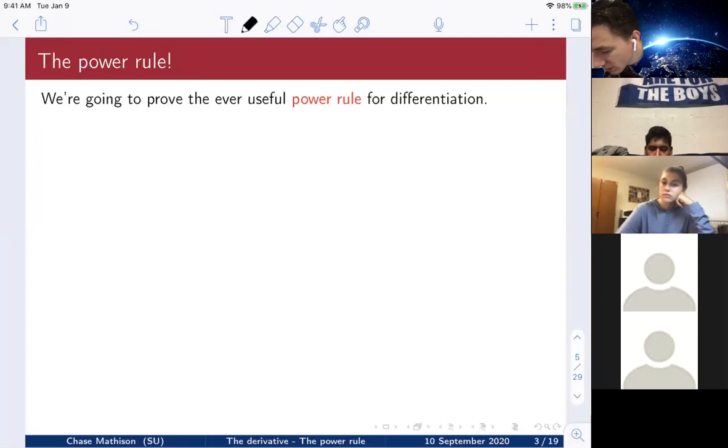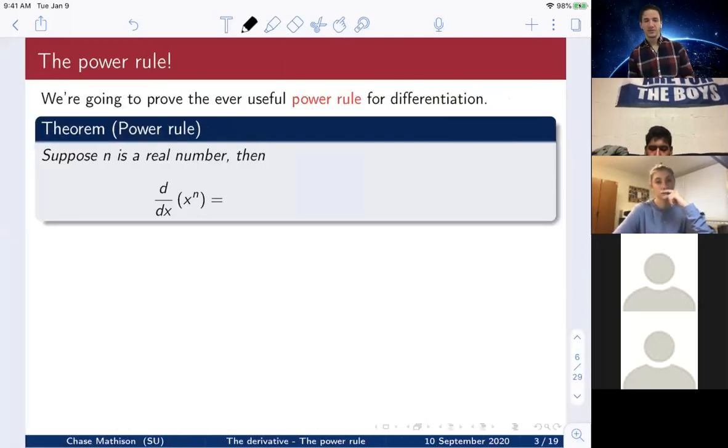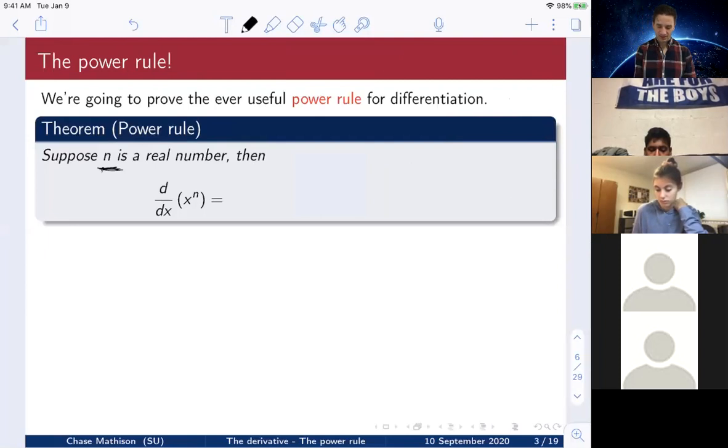So here we go. The power rule for differentiation: if n is a real number, so n can be any real number here, then the derivative with respect to x of x to the n is n times x to the n minus 1.